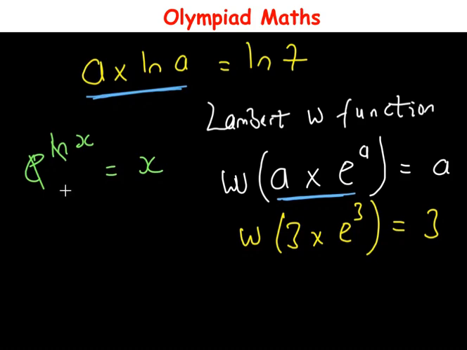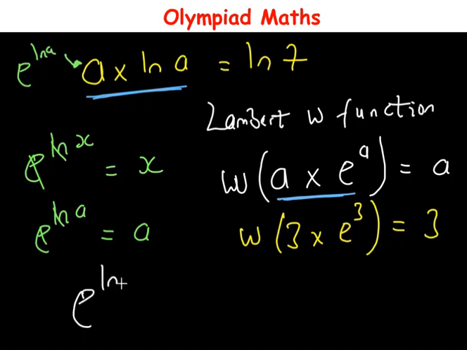So therefore, if we have e raised to power ln a, this is also equal to a. So in place of a right here, we can bring in e raised to power ln a. So this then becomes e raised to power ln a, then we have times ln a is equal to ln 7.